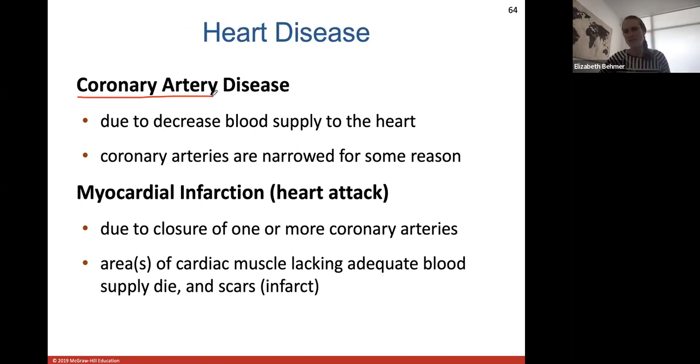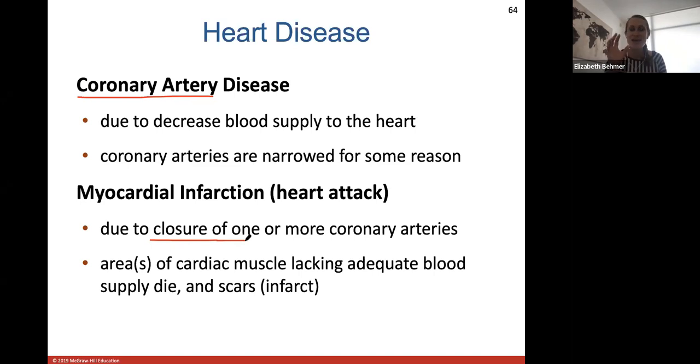Usually it means that these coronary arteries are narrowed for some reason. Plaque can build up in these arteries, so that leads to a decreased blood supply to the heart. If it builds up so much, there might be a blockage within these coronary arteries. And if there is a closure or a blockage of one or more of these coronary arteries, that will cause a myocardial infarction, an MI, a heart attack.